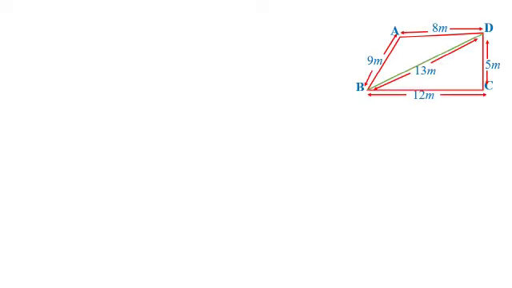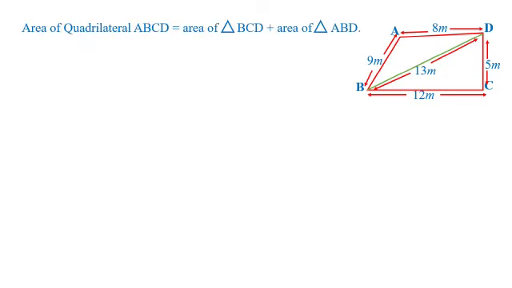So here we have this quadrilateral. Now the area of this quadrilateral will be given by the sum of the areas of two triangles, that is triangle BCD and triangle ABD. Let this be equation number 1. Now let us compute the area of each triangle separately.